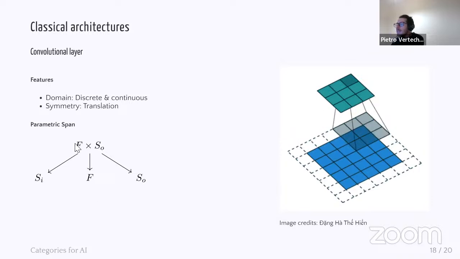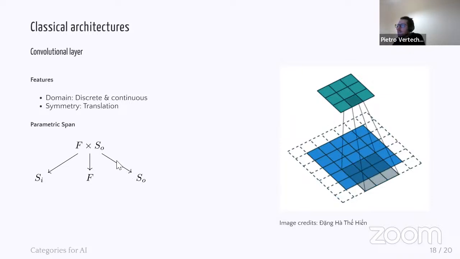And here what we see is that of course the spaces are very easy to figure out. So the input space will just be some shape S_I, some rectangle. The output space, some shape S_O, some other rectangle. And the weights space will be the shape of the filter F. And the edges, I will have as many edges as the combination of a point in the output and a point in the filter space.